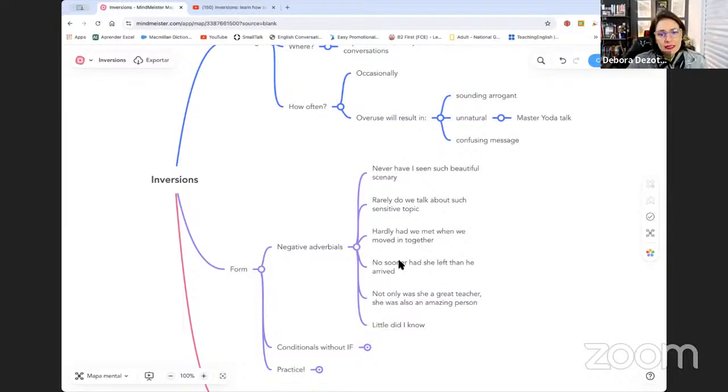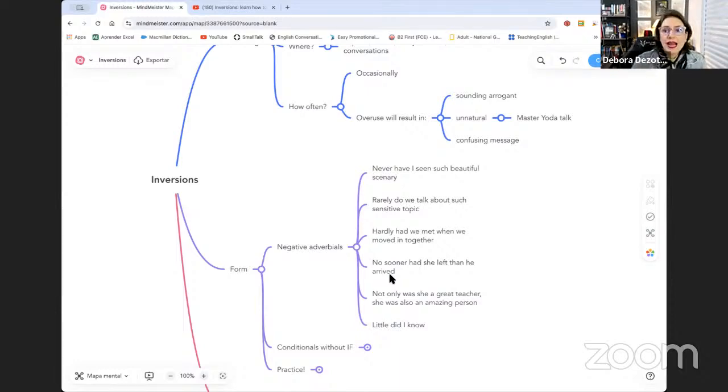Here, the other negative adverbial: "No sooner had she left than he arrived." It is important to remember that every time you use "no sooner," the second part of the sentence should have a "than," because this is a comparative. Can you see? So, "no sooner had she left than he arrived." This means that she left and immediately after that, he arrived.